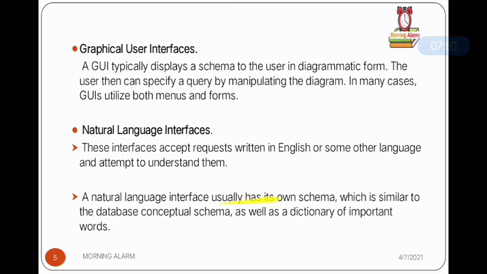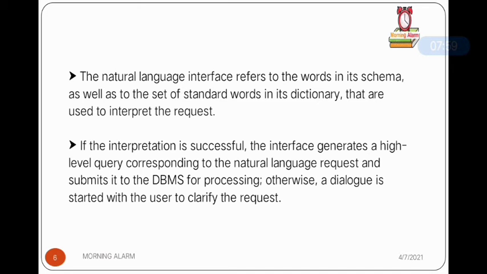The two schemas are similar to each other, and they also have a dictionary of important words. The natural language interface refers to the words in its schema as well as to the set of standard words in its dictionary. So this connection between the words in its schema and the standard words in its dictionary helps in interpreting the request by the user.